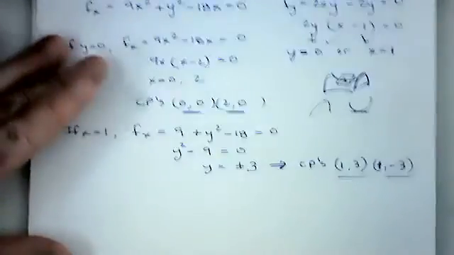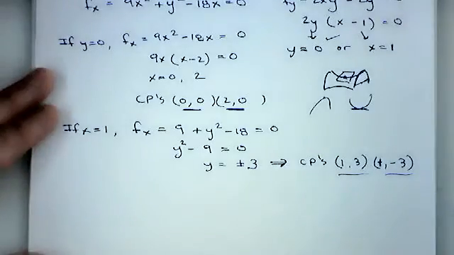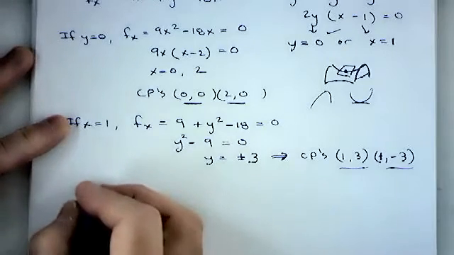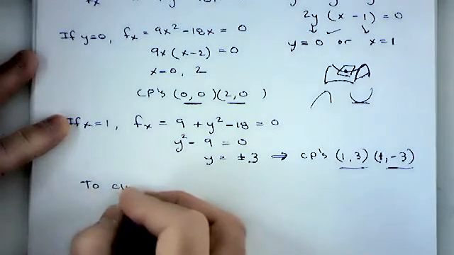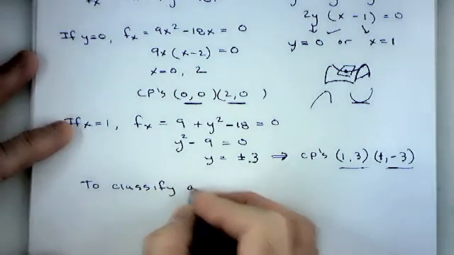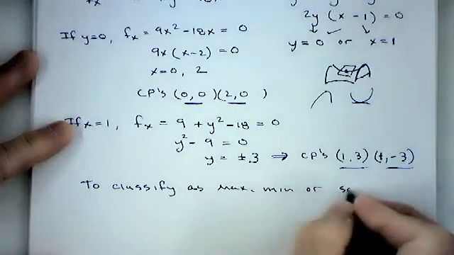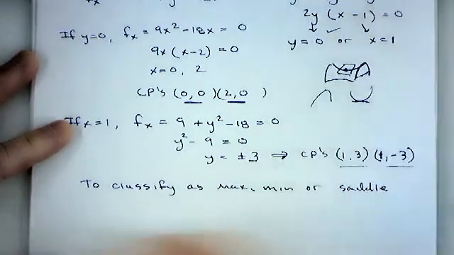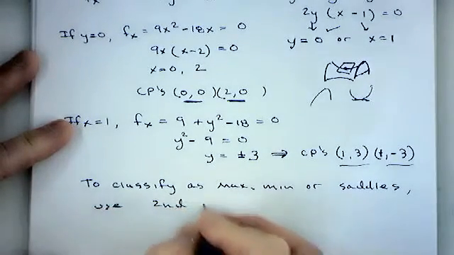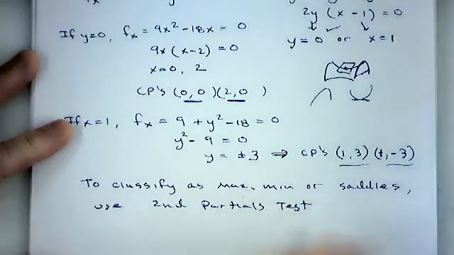Here's where it totally takes a different look than 21a. In 21a, you had your critical points, just put them on a number line, test for increasing or decreasing. But for these, the only way we have to classify these is to use what we call the second partials test. To classify as max, min, or saddle, use the second partials test.